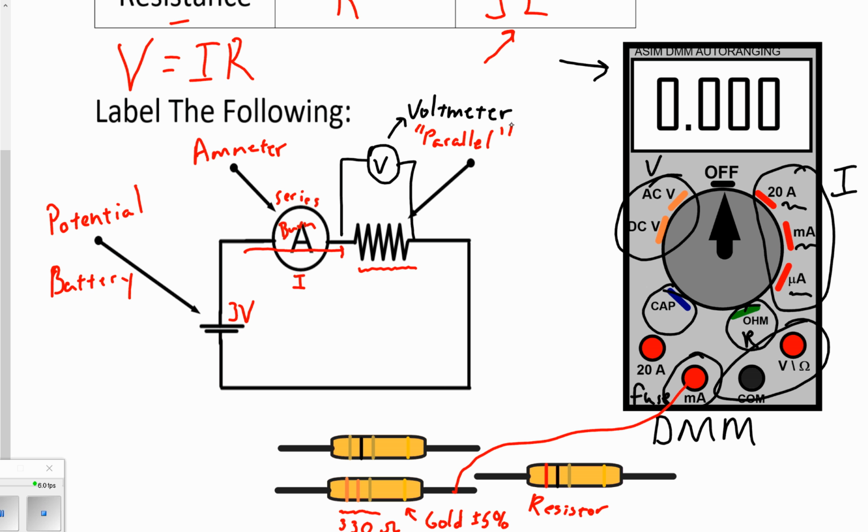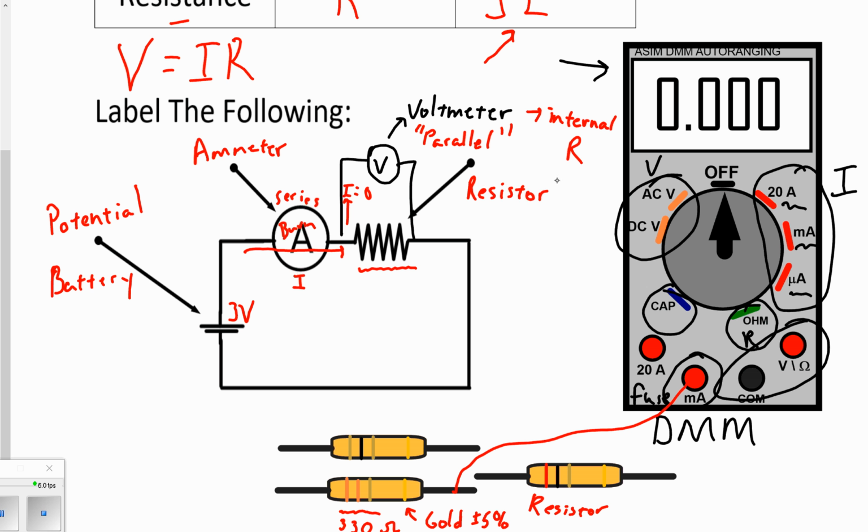Voltmeters have a huge internal resistor which defends the voltmeter, which means when you connect the voltmeter, there will be almost, I'm going to write I equals 0, almost no current flowing through the voltmeter. It's got a huge resistor. And so it's able to tell you the potential across, like in this case, the potential across this squiggly line, which is what the resistor is.